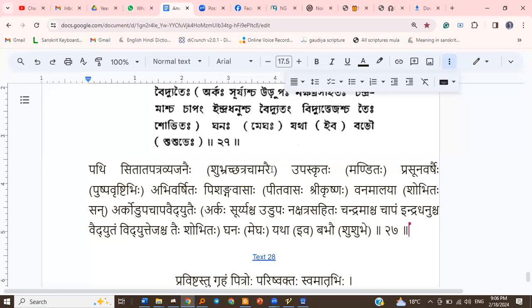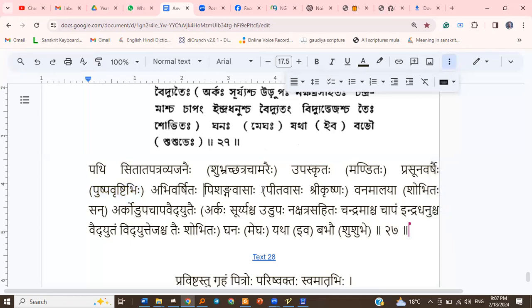Now Shubhra could mean white, it could mean pure. Such an umbrella, chhatra, and chamara for fanning. Then flowers were being rained upon him. Pushpa vrishtibihi abhivarshitah.